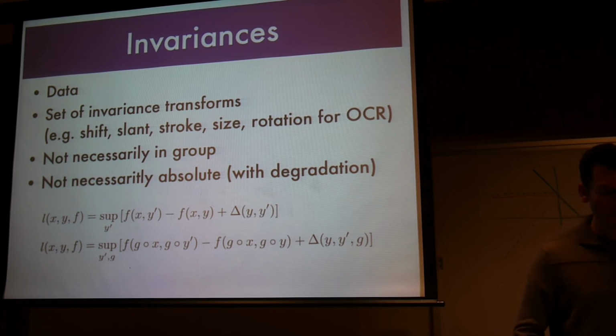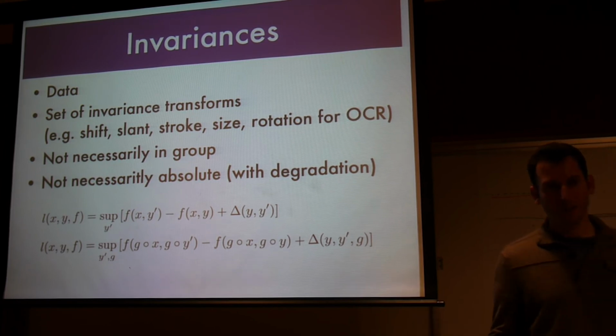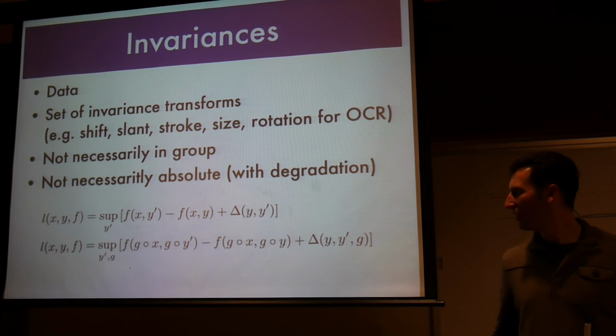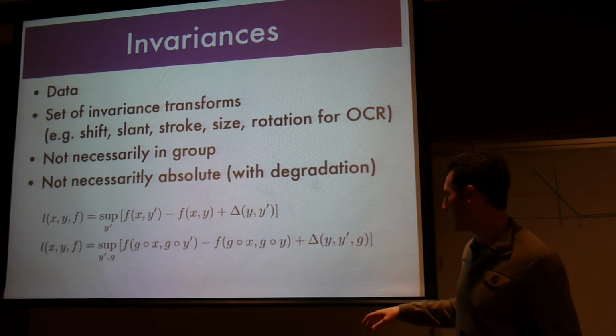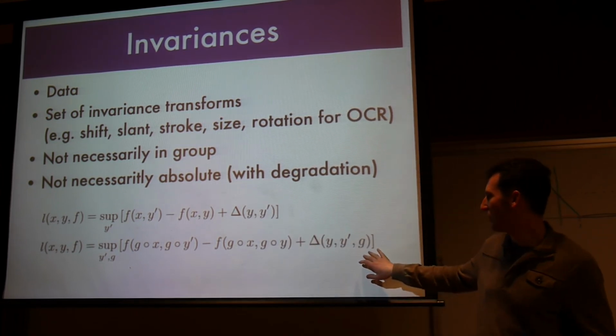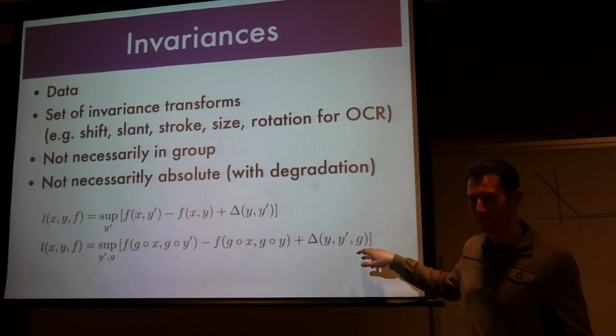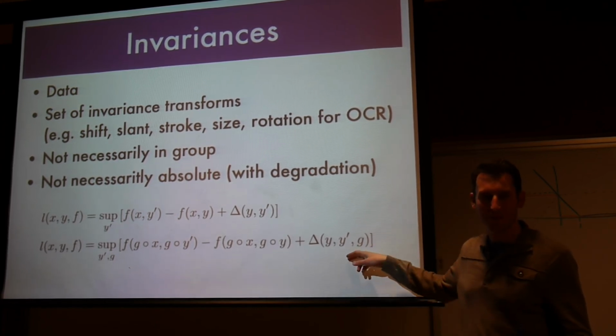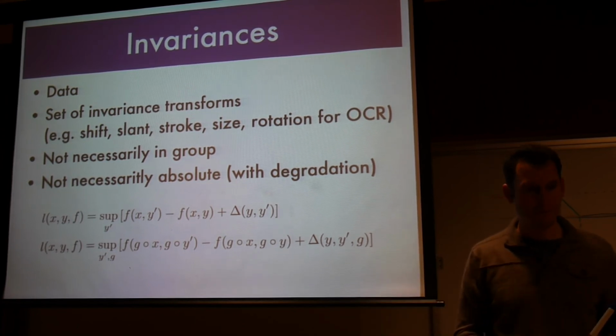Or you might actually have an object recognition problem. You have an entire bank of Photoshop or GIMP filters that you can apply to it, and you want to make sure that the image almost remains the same. And of course, if your filters are very distorting, then you don't want to punish your function too much if you get it wrong. So those things are fine, for instance.